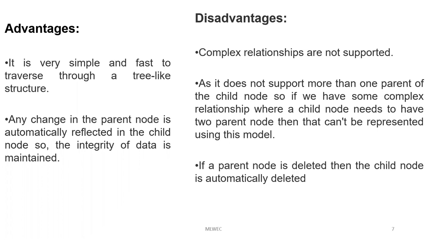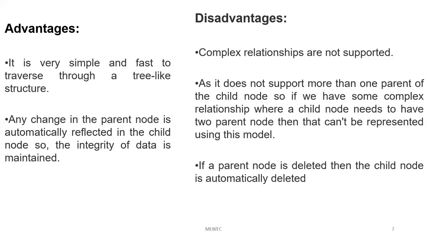That means many-to-many cardinality is not possible. If we want to make many relationships from one entity to another entity, it is very difficult. Only one-to-many is possible. That's why complex relationships are not supported.